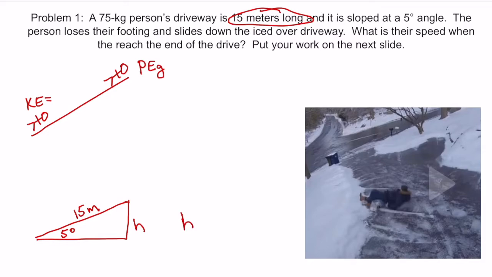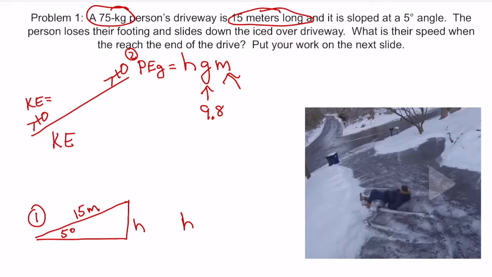Once you have that height, so that's step one. Once you have that height, plug it into your gravity formula, potential energy gravity, 9.8 for the planet, and the mass of the guy is 75. Once you have that potential energy gravity, use that answer as your kinetic energy and solve for velocity.